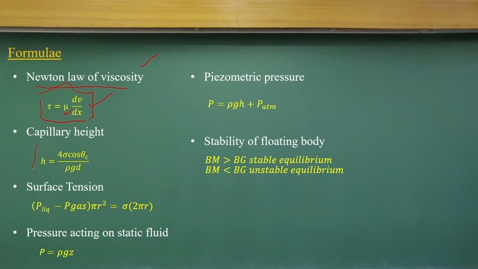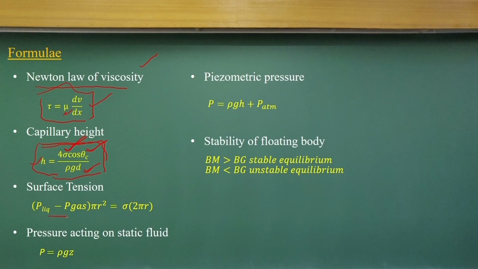Similarly, we derived the capillary height in terms of the diameter of the capillary tube, where theta c stands for the angle of contact and sigma stands for the surface tension. So we established the relationship between capillary height h, d the diameter, theta the contact angle and sigma the surface tension force.